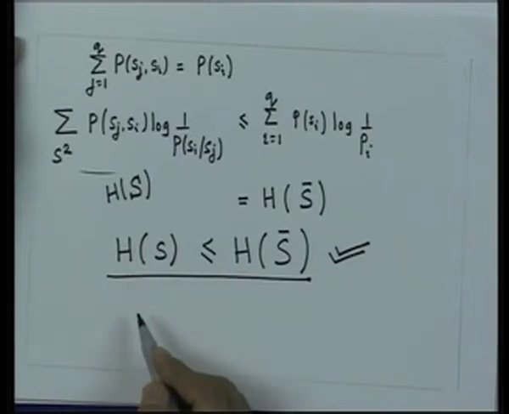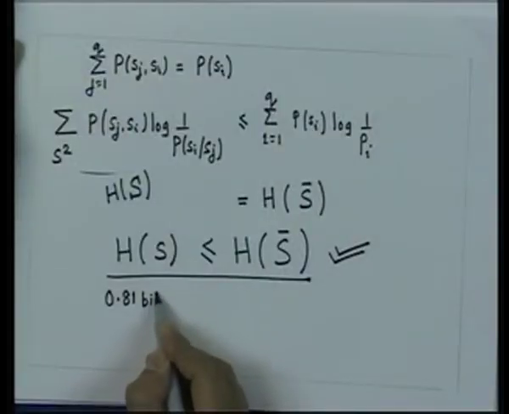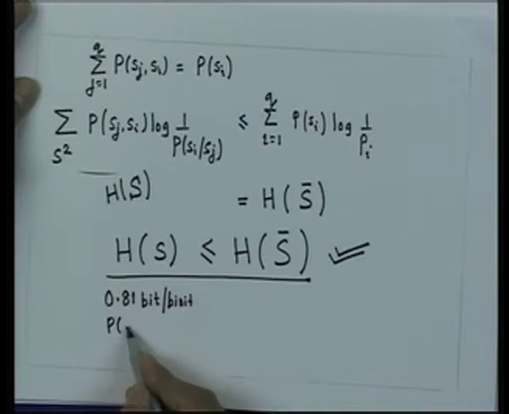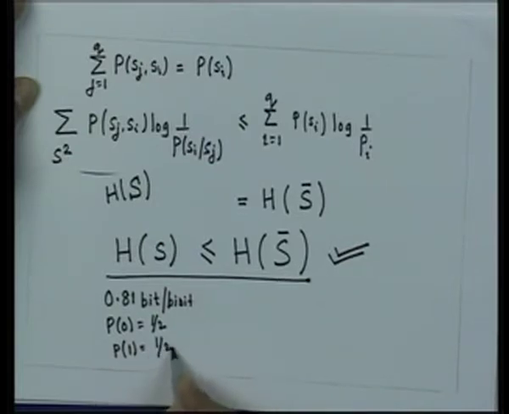Going back to our previous example, H of S we got as 0.81 bit per symbol, and for the same example we calculated the first order symbol probabilities, P0 half and P1 again half.